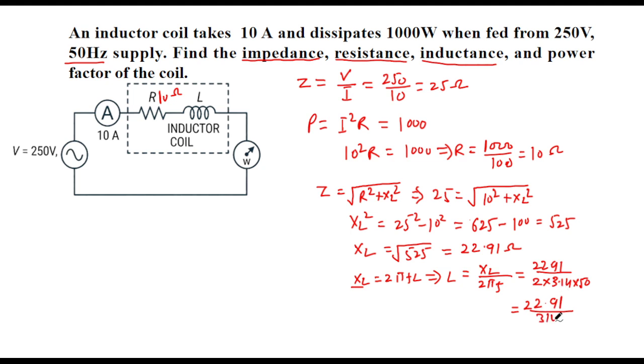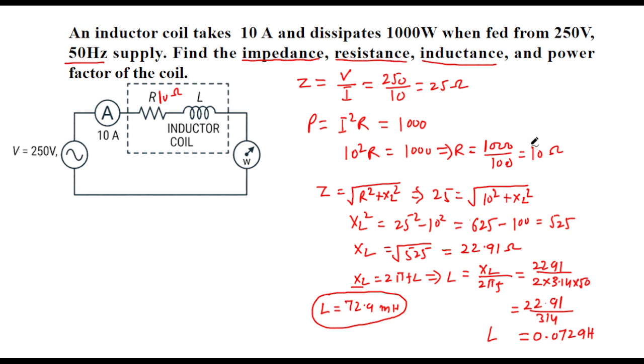This gives 0.0729 henry, which can also be written as 72.9 millihenry.